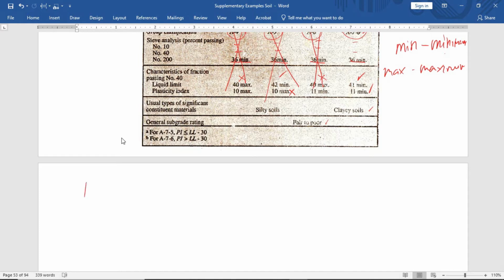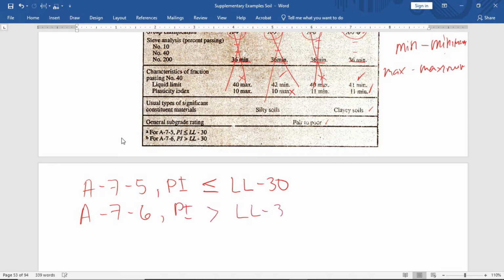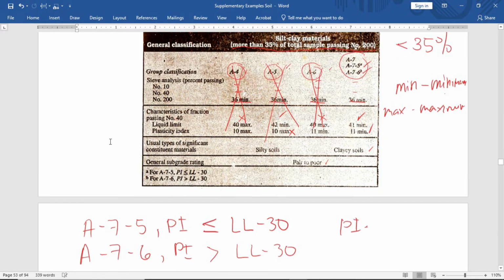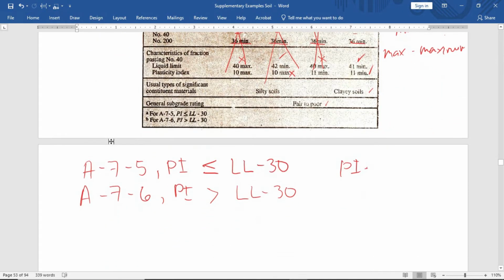Para ma-consider na A7-5, PI is less than or equal to LL minus 30. At A7-6, PI is greater than LL minus 30. Ang PI natin ay 24.